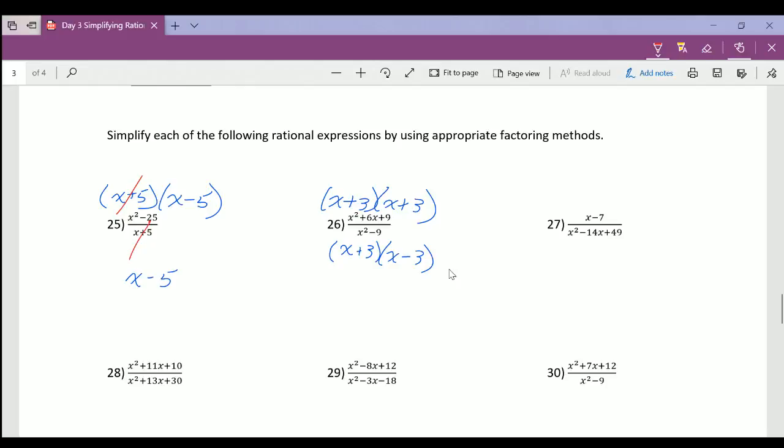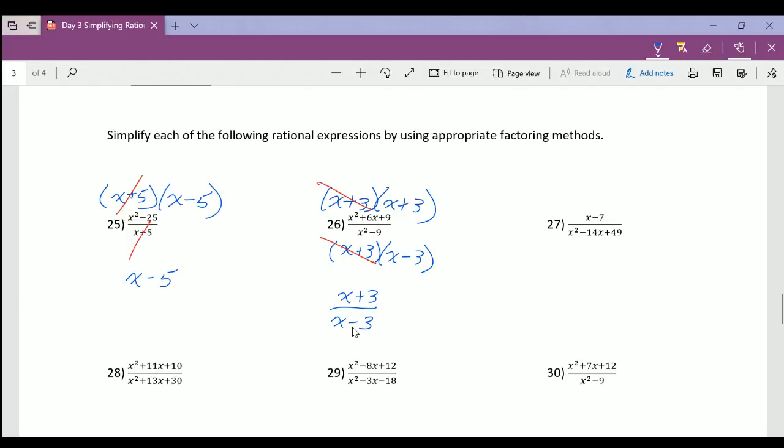So again, this time, since we have the whole package to cancel, we have an x plus 3 here and an x plus 3 here. Now this one can only cancel one of these. The other one would need to have another x plus 3 on the bottom to cancel out as well. So we've got as a final answer x plus 3 over x minus 3.